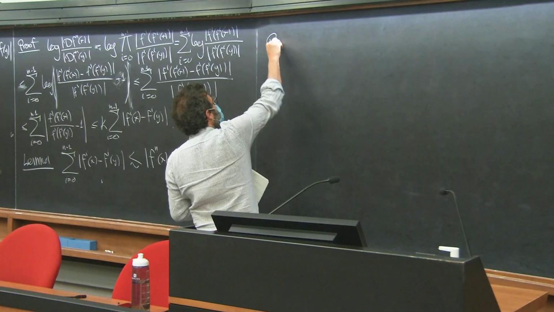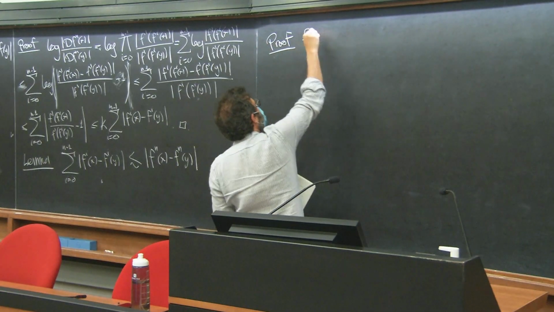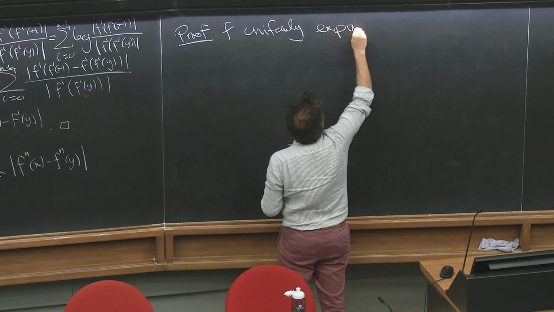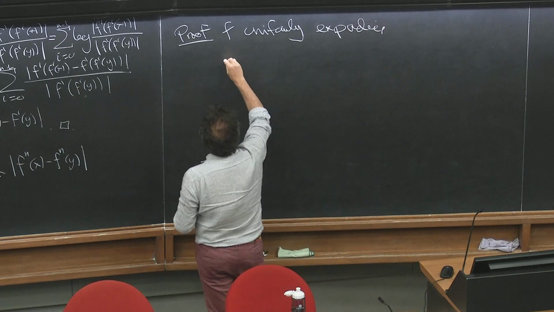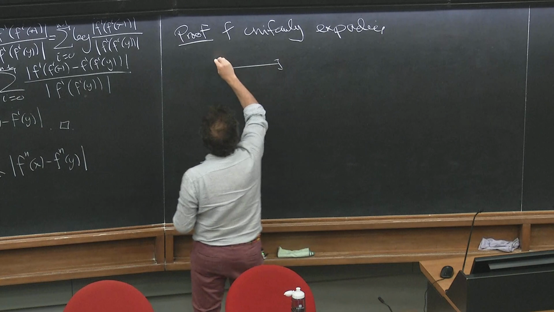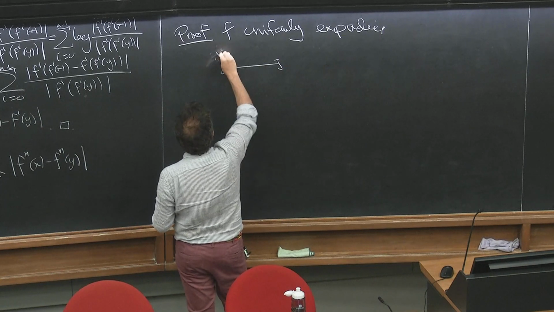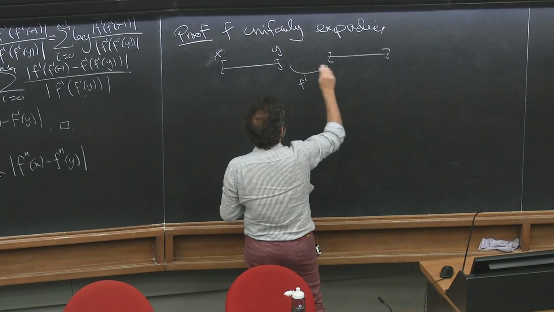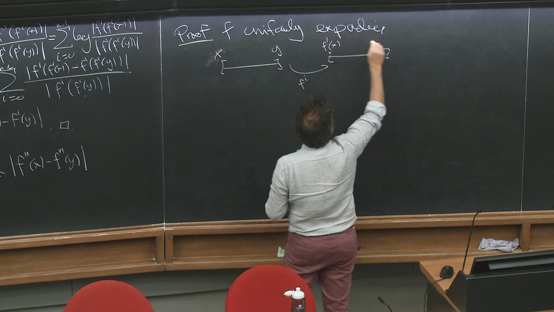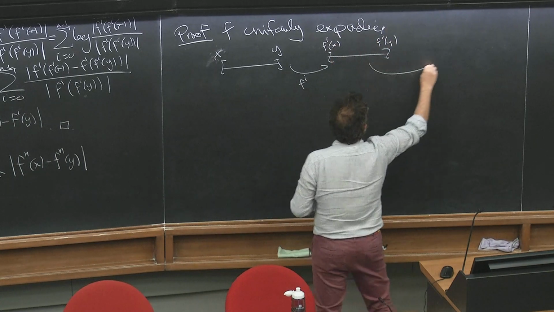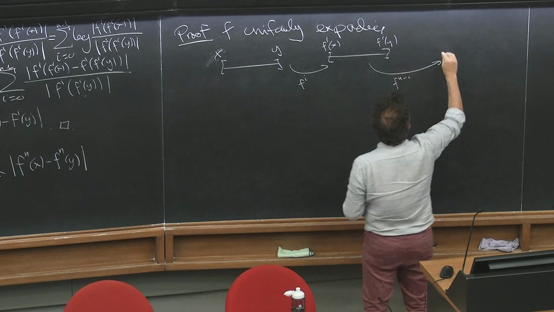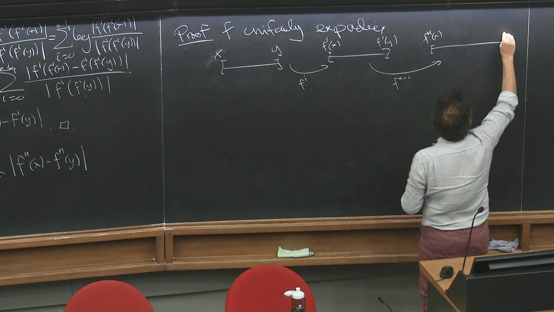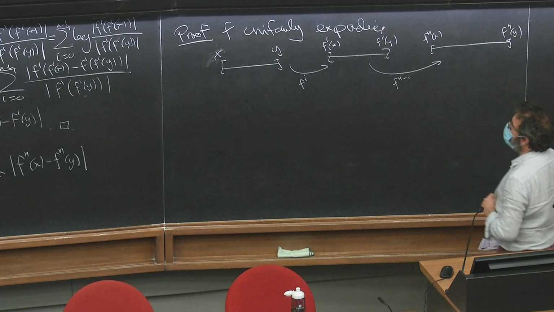The proof is that by uniform expansivity, since f is uniformly expanding, we have here x, y, then at some point f^i(x), f^i(y), and then f^(n-i) takes us all the way to f^n(x), f^n(y), right?